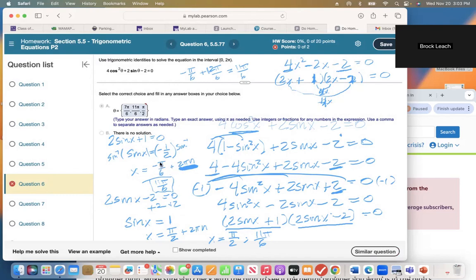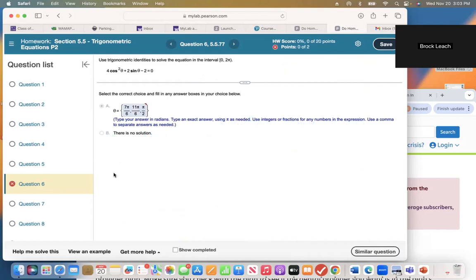We got the minus pi over 6, but we forgot about the fact that there's one in the third quadrant as well, mostly because I was running out of space. So we had the first one, which is pi over 2, we got that one. But we had the sine of x equaling negative 1/2.